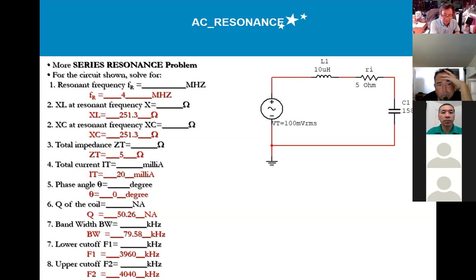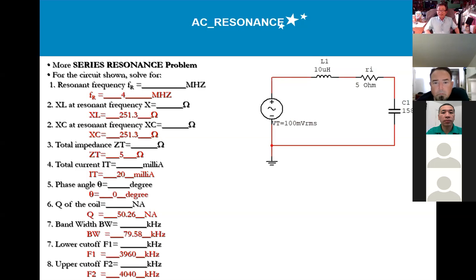So FR is 4 megahertz. Exactly, that's what I get. Okay. So that's all the calculation needed for series resonance.